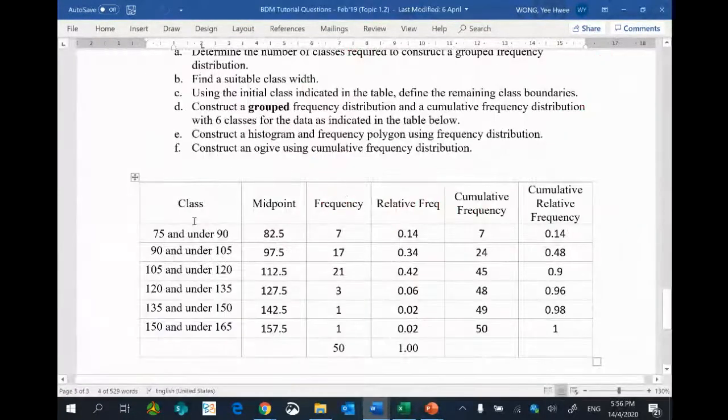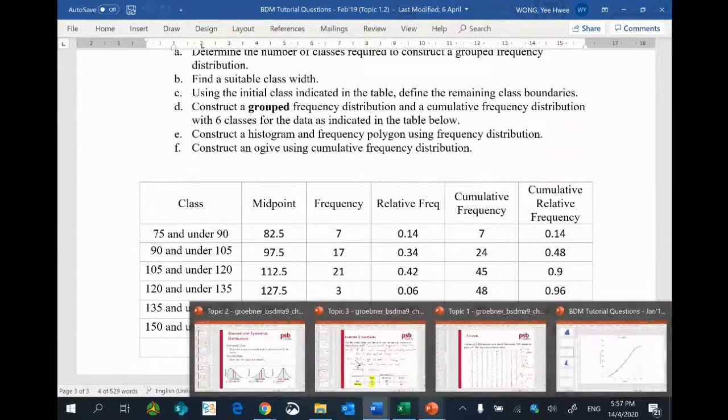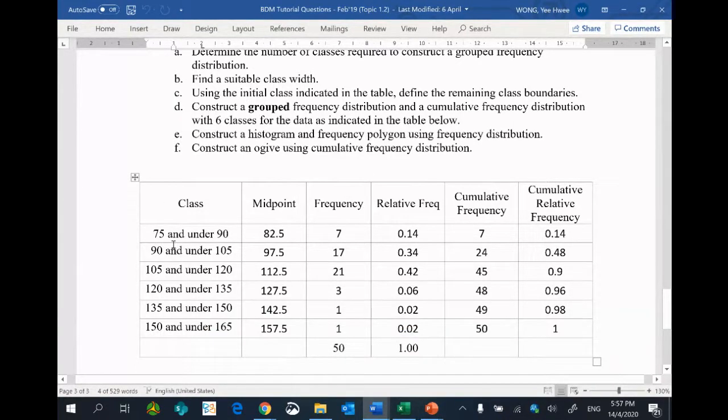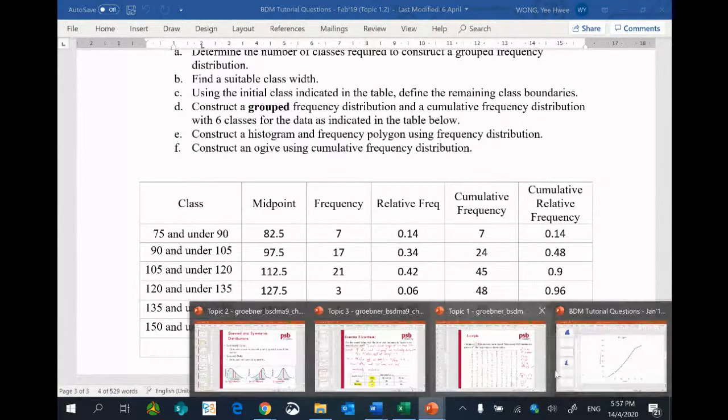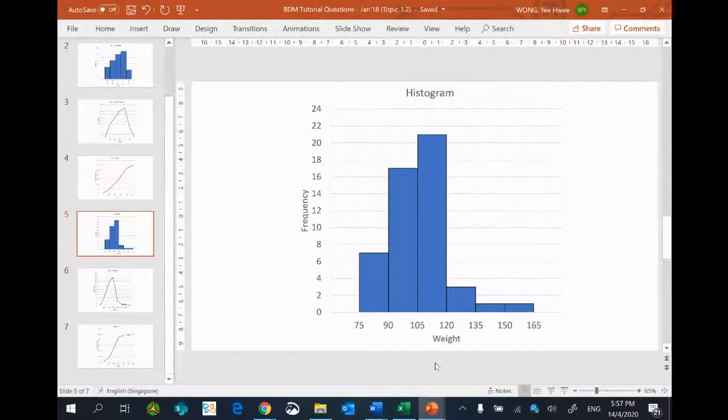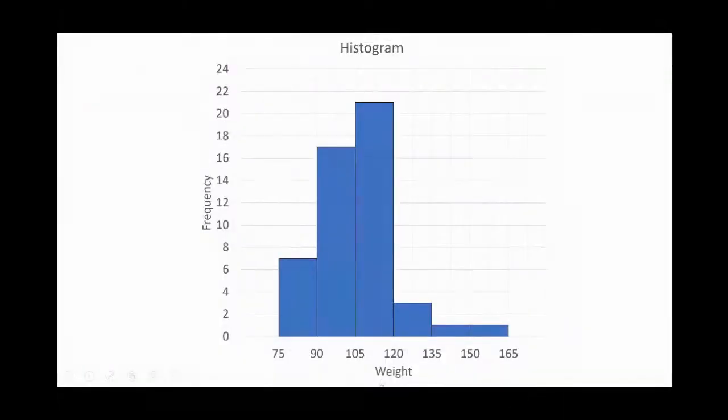And this is a table with all the numbers I gave you the other day that you are required to draw: histogram, polygon, ogive. Okay, back to, you see that this one is sharing, right? 75, then under 90 and 90, they are sharing the border. So this is how you're going to draw them. You share the border 75, 90, 105.